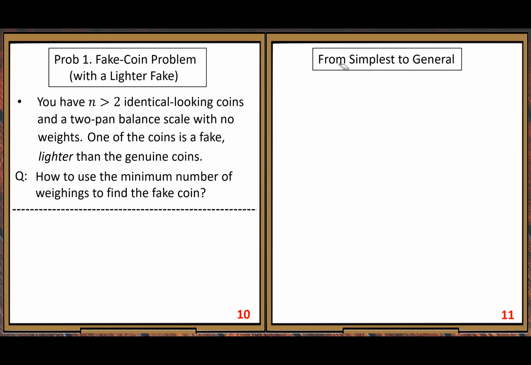Which one do you feel is the easiest? 0, no remainder. When we solve any general problem, we always work on the easiest first. So we work on remainder 0 first. Let's work with n equals 3k.